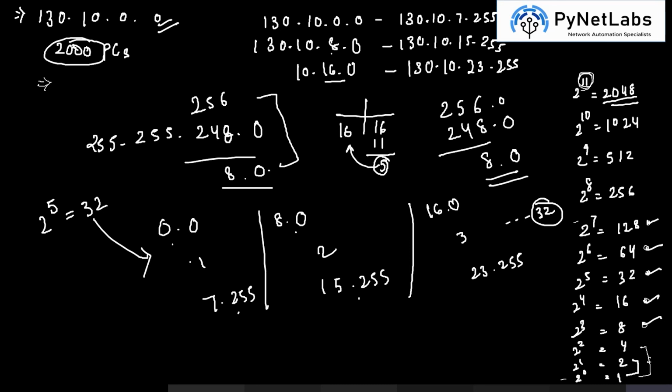Great, great. So what you guys can do is try practicing this by choosing any IP address. The application is nothing different in real life. You just put this modified subnet mask instead of the default subnet mask.